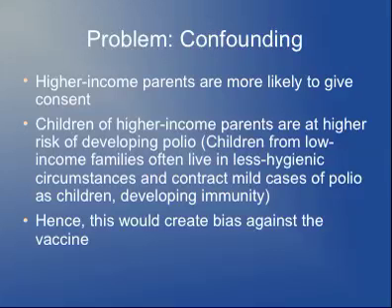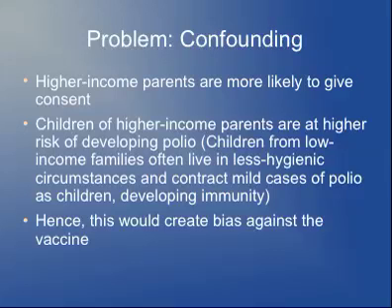Well, it turns out that's a suboptimal approach because it's another source of confounding. Higher income parents are more likely to give consent than lower income parents, and somewhat surprisingly, lower income kids tended to have lower rates of polio than higher income kids.